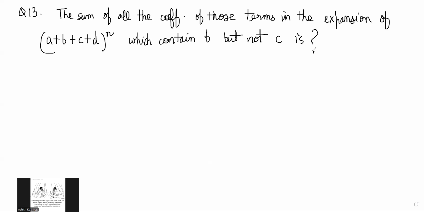Okay, so we have to find the sum of all the terms which contain b but not c, right? So think about it. How will we get a term that contains b but not c?